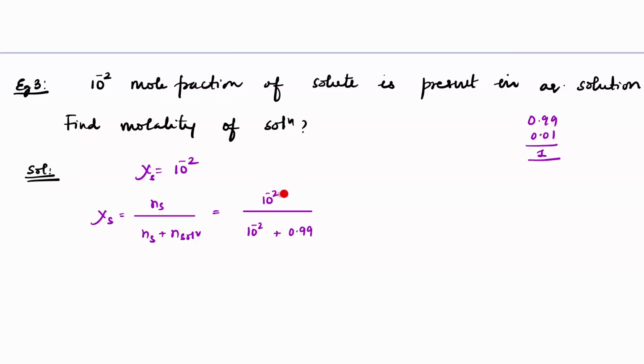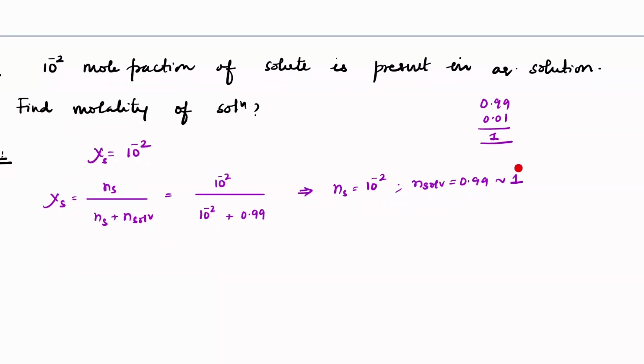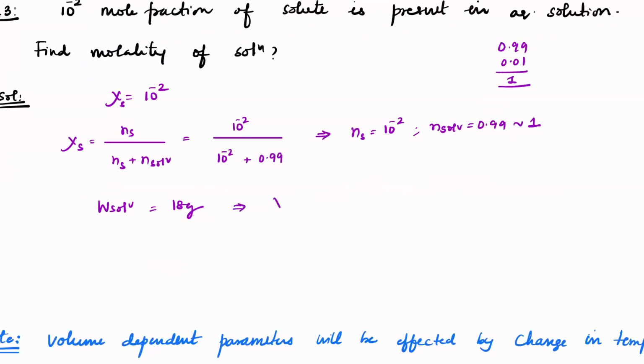Now, if I relate these formulas together, number of moles of solute is 10 raised to power of minus 2. Number of moles of solvent is 0.99. Since 0.99 is very close to 1, I can say it is almost 1 mole of solvent. So weight of solvent in that case will be equal to 18 grams because the solvent is water. Therefore, molality is equal to number of moles of solute by weight of solvent in kgs.